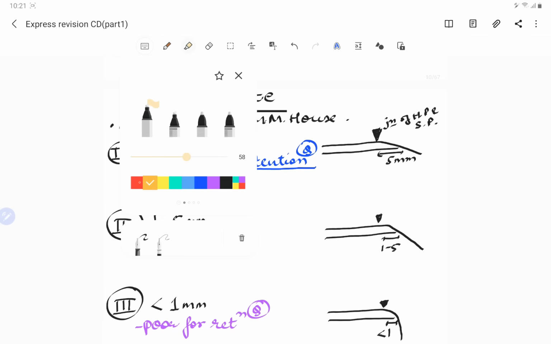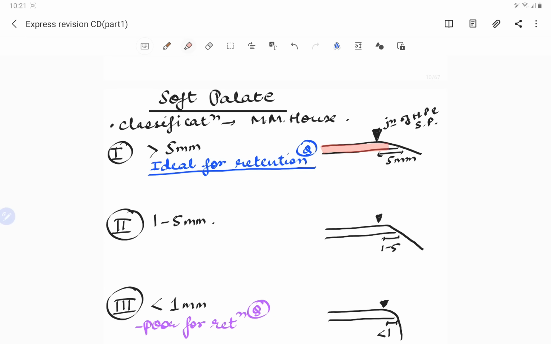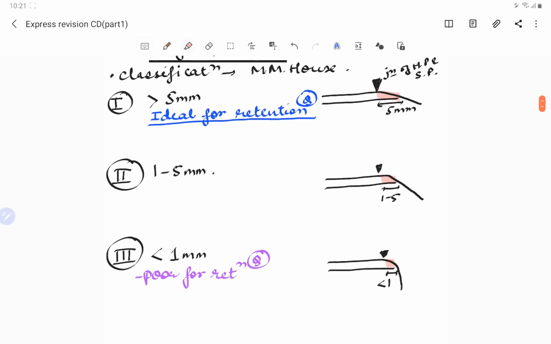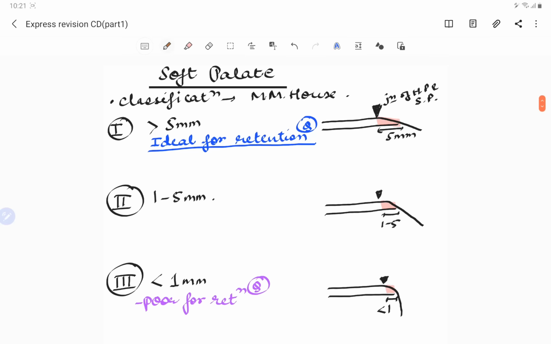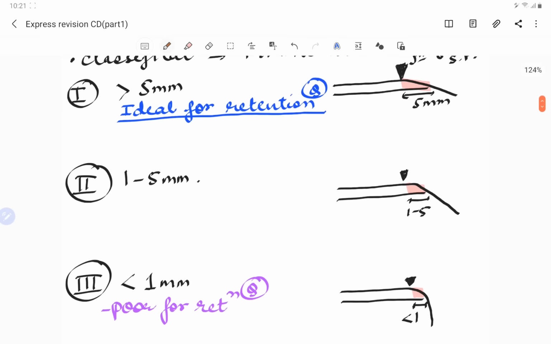If you see here, you can make out, right? If there is more tissue coverage, then it is type 1, because more than 5 millimeter of tissue is available for post damming.